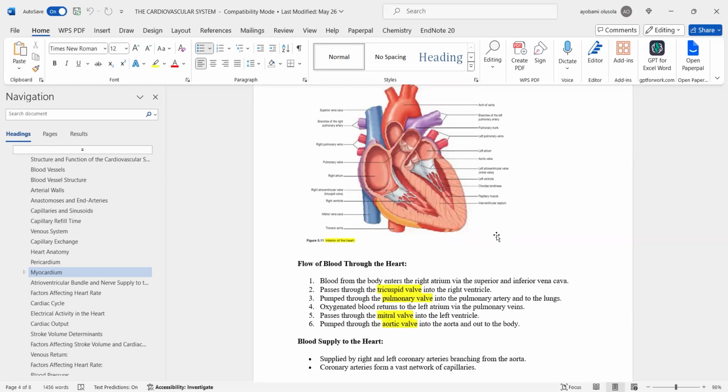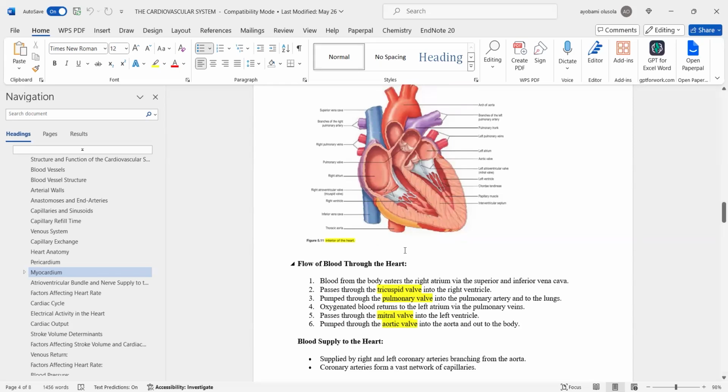Now, when it returns into the left atrium, the mitral valve, that's the bicuspid valve between the left atrium and the left ventricle, then opens for the blood to enter into the left ventricle. The left ventricle now pumps the blood into the aorta, and the valve between the aorta and the left ventricle is the aortic valve.